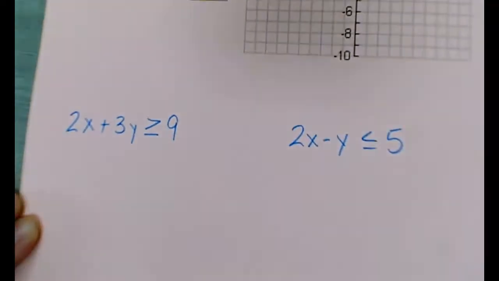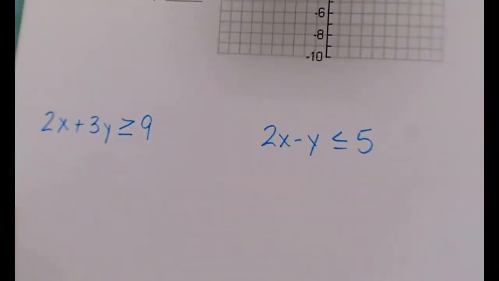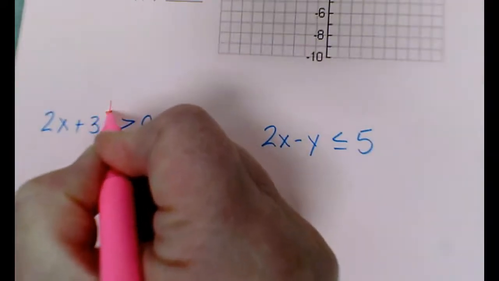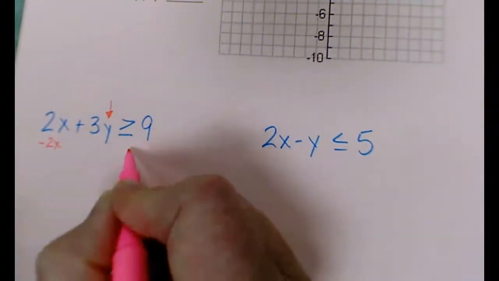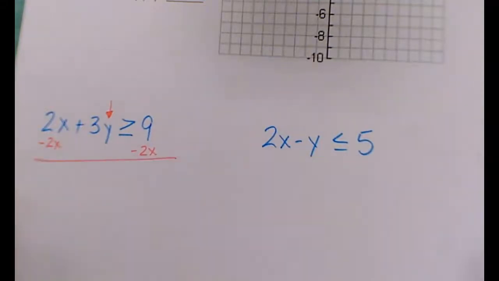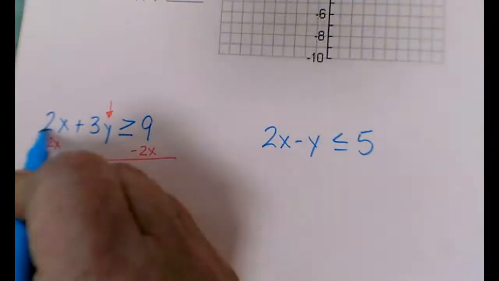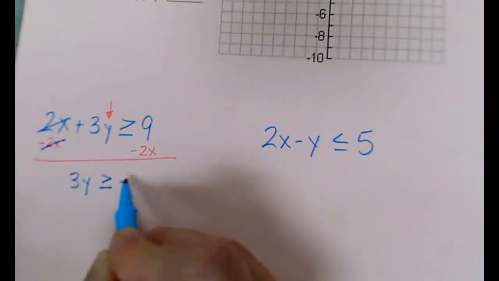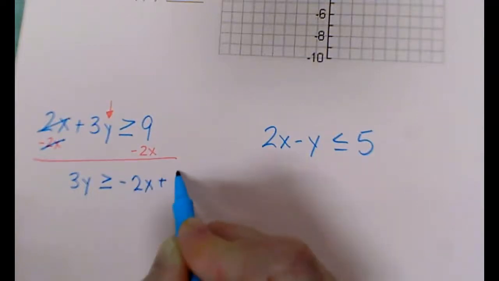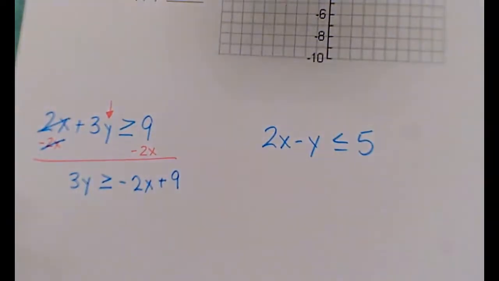I need to put both of these equations in y equals mx plus b form so that I can graph it. That means I am solving for y. I need the y by itself. I need to subtract the 2x from both sides. Not just the 2, not just the x, but all of the 2x so that I can get it in y equals mx plus b form. I need the y by itself.